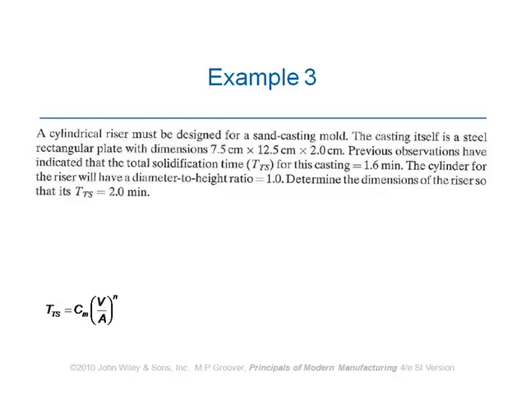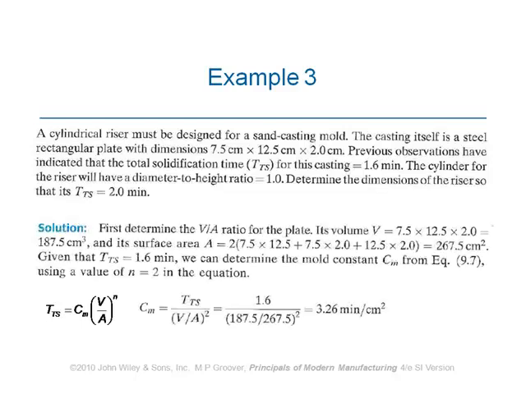Are we done with this problem? First, we've got to compute the value of Cm. On the basis of the information given, we should be able to. Right? Because TTS for the part is given. And then we can compute V and A because dimensions of the part are also given, right?